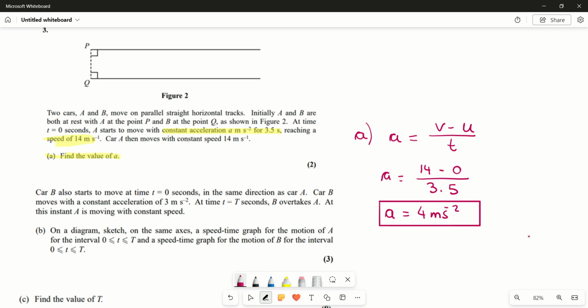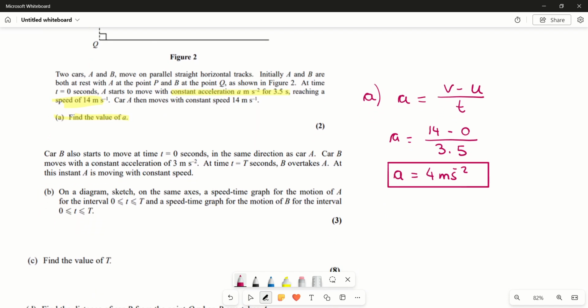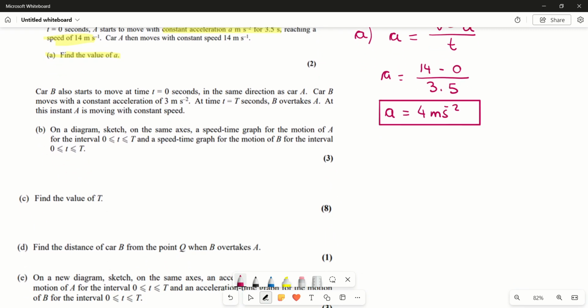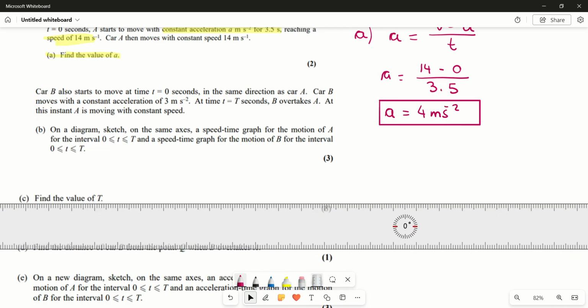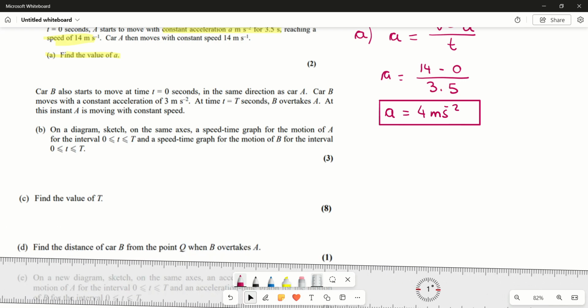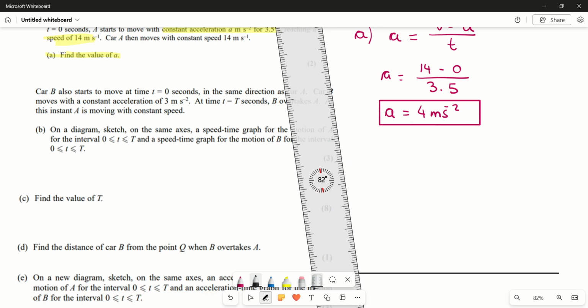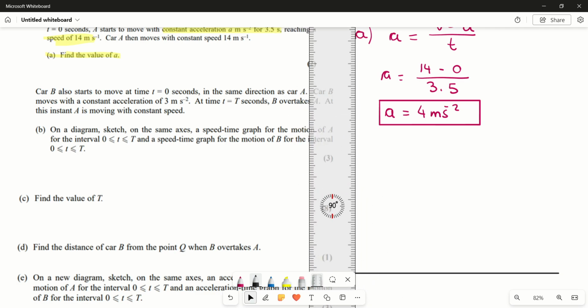We have the acceleration. Now for part B, we would like to sketch a speed time graph. So to sketch a speed time graph, we are going to sketch this using a ruler, and I'm going to start with the axes.